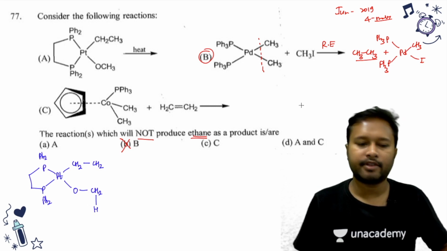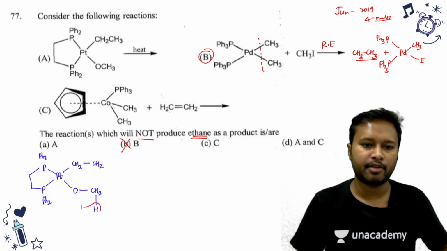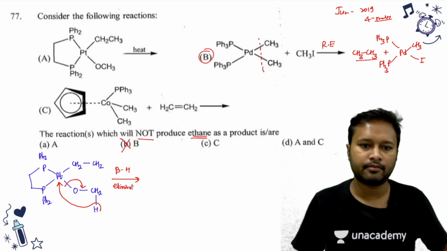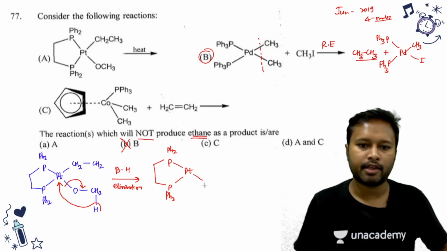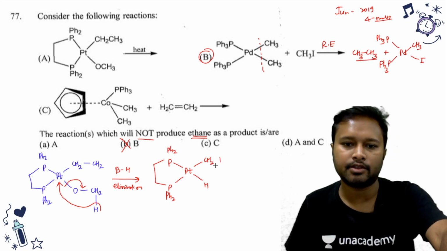Basically the first thing which will happen is beta hydride elimination. This hydrogen is going to go here, this bond is going to break. So what you are going to get is beta hydride elimination, and with that you are going to get something like this: P and P, PH2 and PH2, and then you have Pt here, and then you have H, and then you have CH2, CH3.